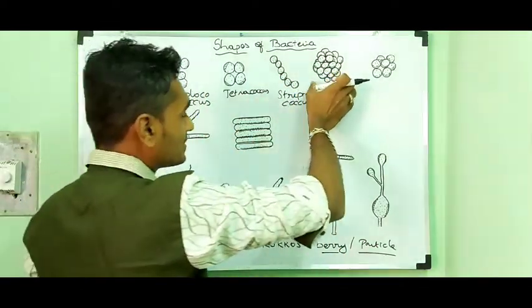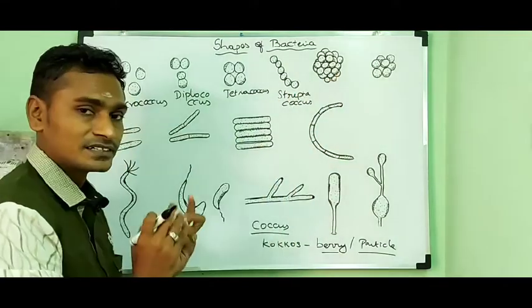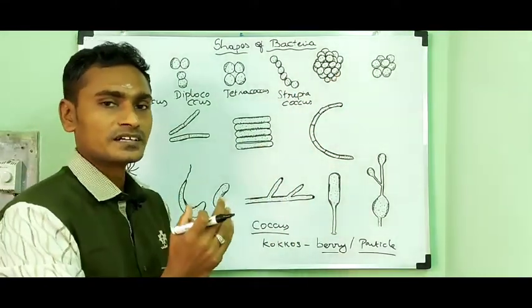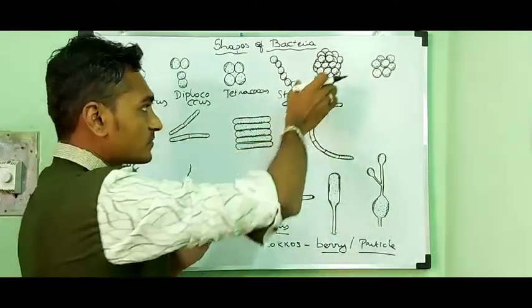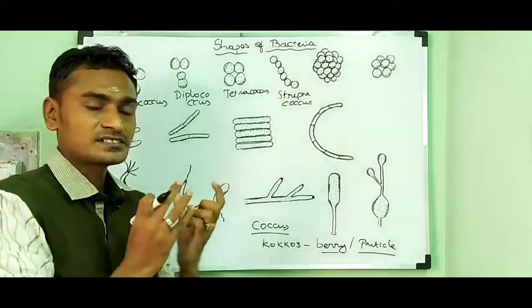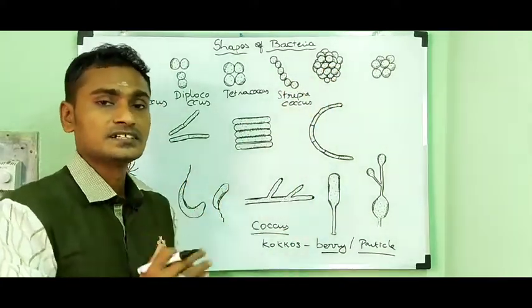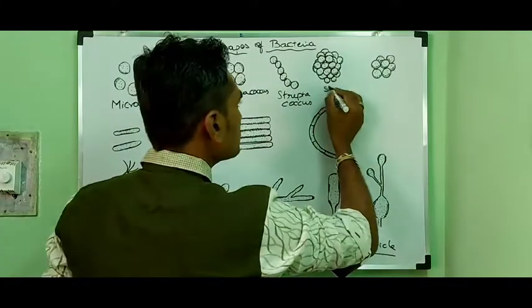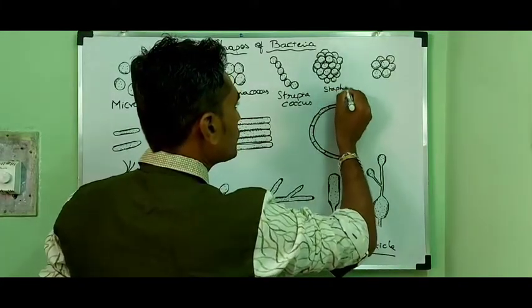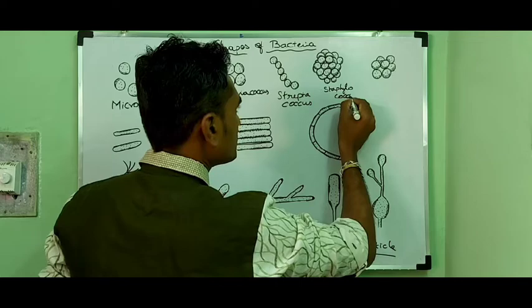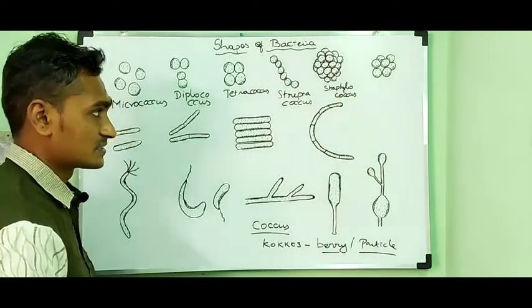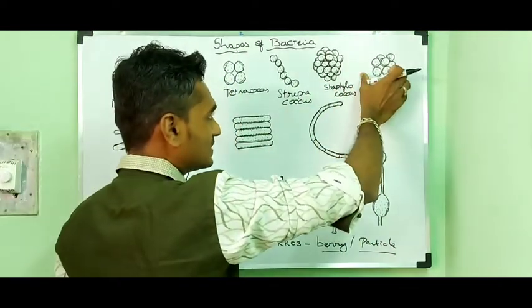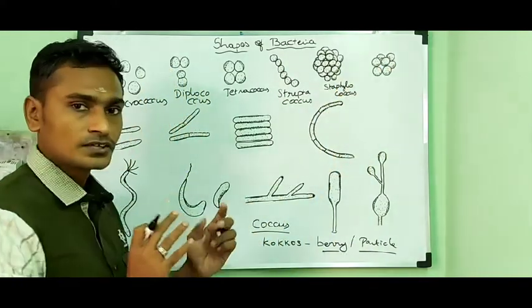Then if the bacteria looks like clusters of grapes, that bacteria is called Staphylococcus. Then the final bacteria shows a cubical nature.